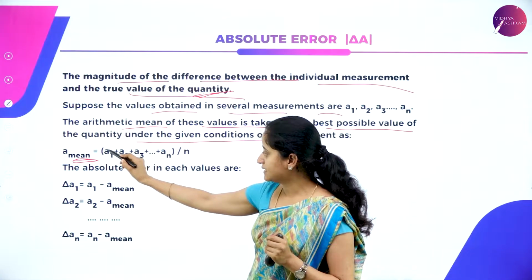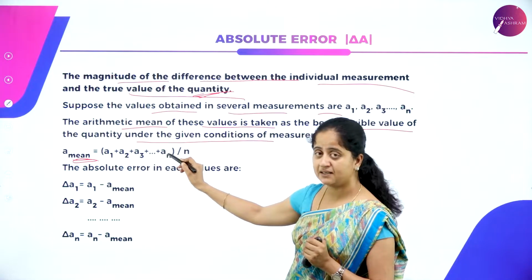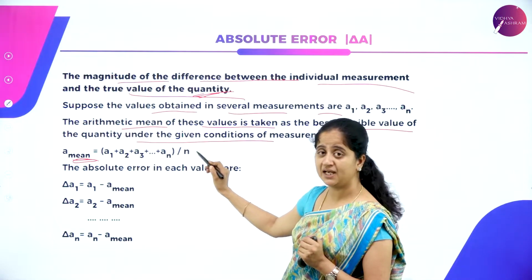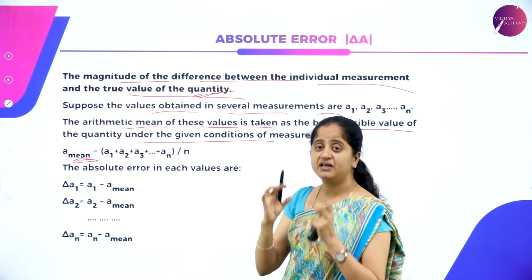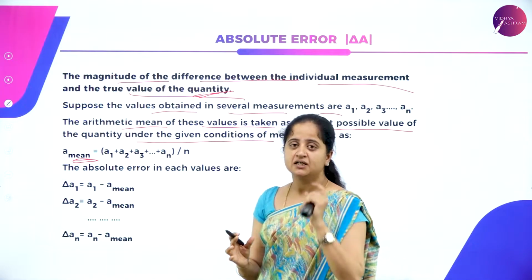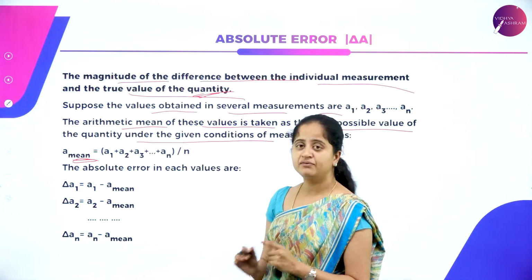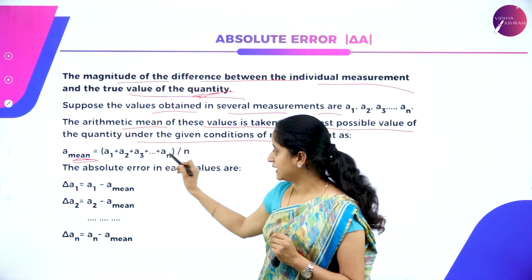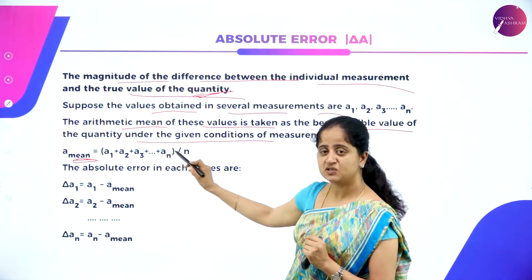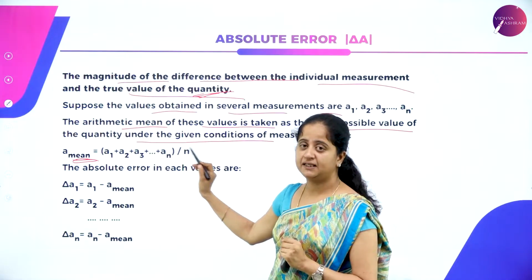So A mean equals A1 plus A2 plus A3 plus A4 and so on up to An, divided by n. In taking the average, we have to divide the sum of the quantities by the number of quantities.